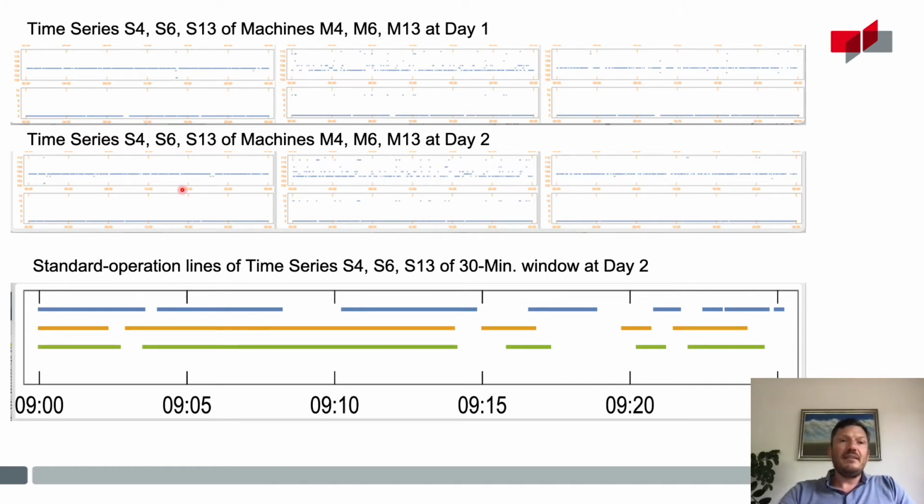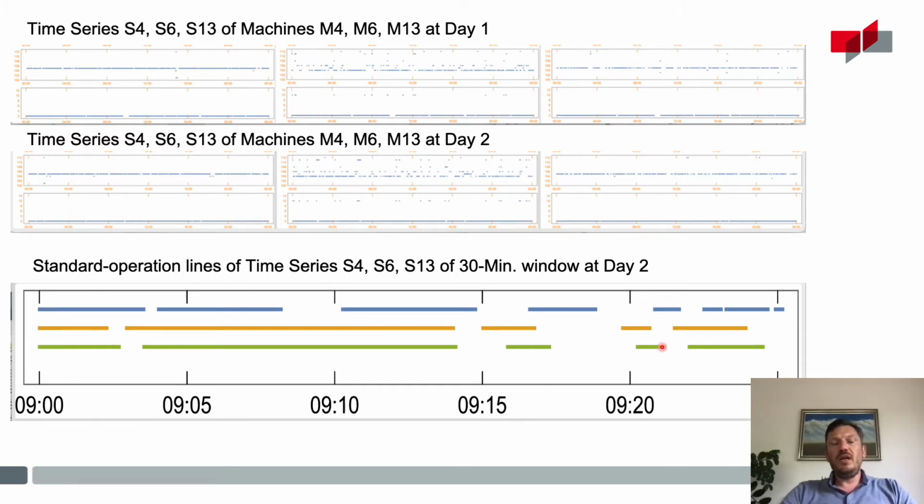And then we look at the second day, and what we see is we do not find such longer interruptions. And we do not see a similar interruption pattern between the 3 machines. So this might be frustrating and say, okay, so this was a case on the first day. But we see that there are lots of non-standard operating status, probably so short in time that they are not visible.